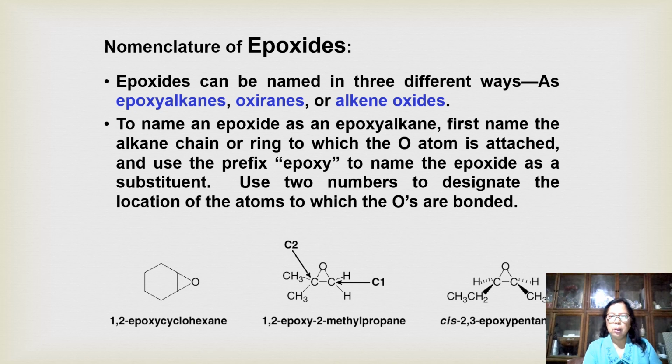You have 1, 2, 3, 4, 5. So you have 2,3-epoxy pentane. Okay. Why 2 and 3? You go to the nearest structure of the epoxide. This is carbon 1, carbon 2, carbon 3, of course 4, and 5 to make it pentane.